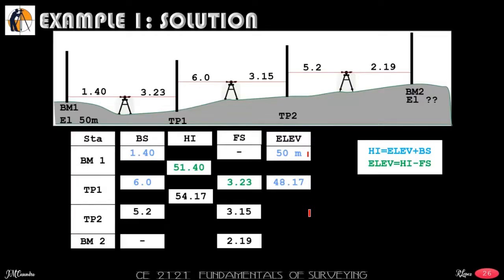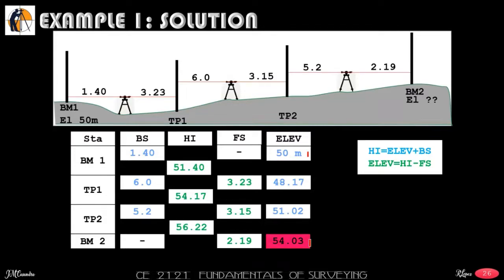Elevation is height of instrument minus foresight, 51.02. Height of instrument is elevation plus backsight, which is 56.22. And lastly, elevation is height of instrument minus foresight, and that is 54.03. So therefore, the elevation of benchmark 2 is equal to 54.03 meters.